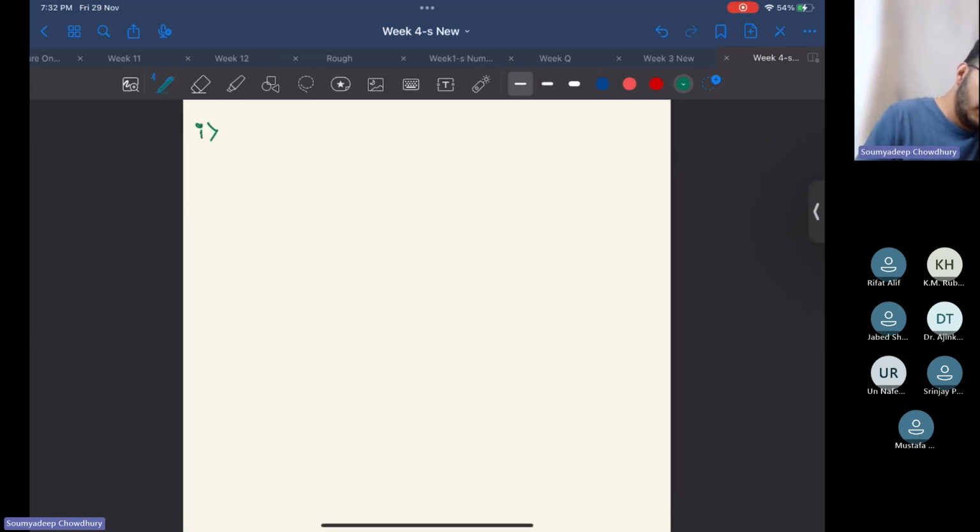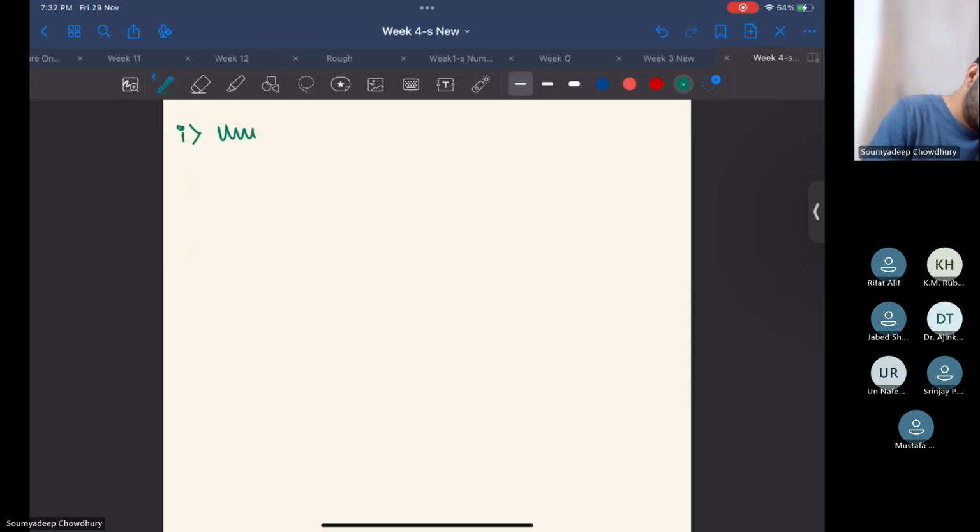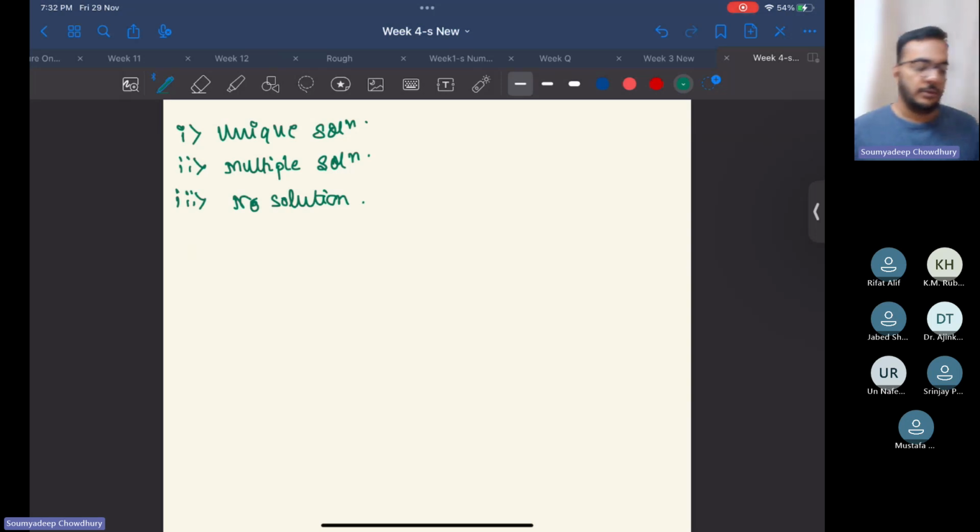One is a unique solution. Second is your multiple solution. And third is your no solution. These are the three kinds of solution which can exist, right?